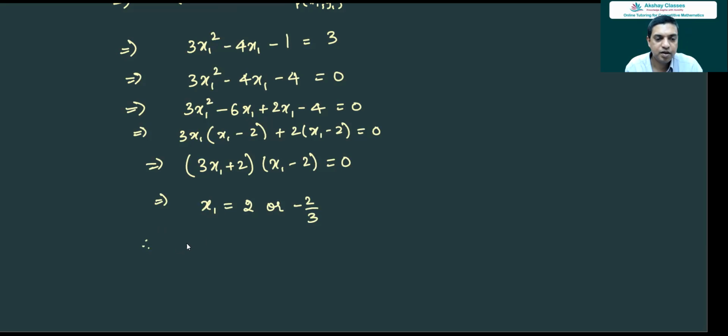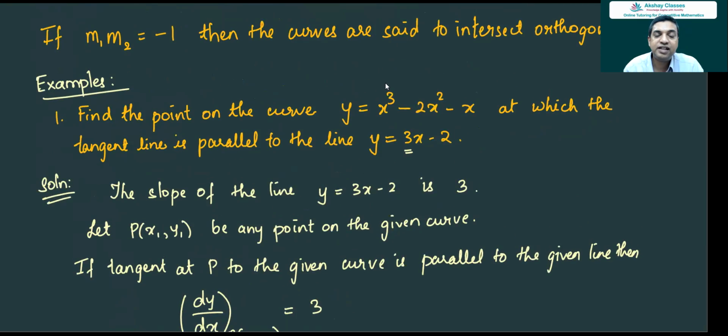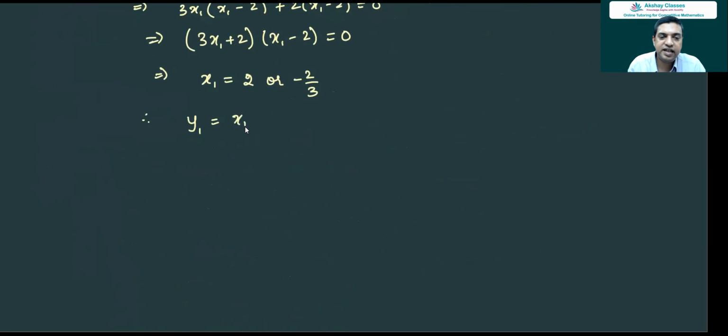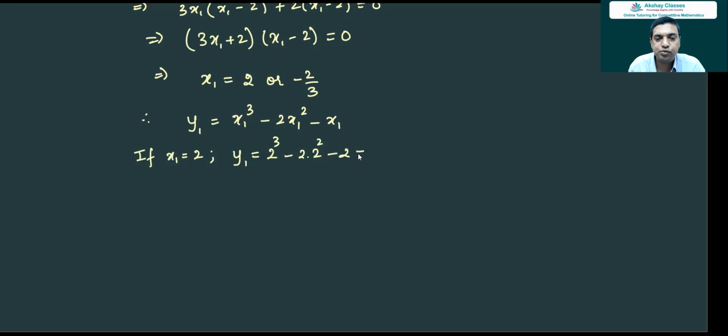Therefore, x1, y1 lies on the curve. y1 is x1 cube minus 2 x1 square minus x1. Now, if x1 is equal to 2, y1 is 2 cube minus 2 into 2 square minus 2, you get minus 2.